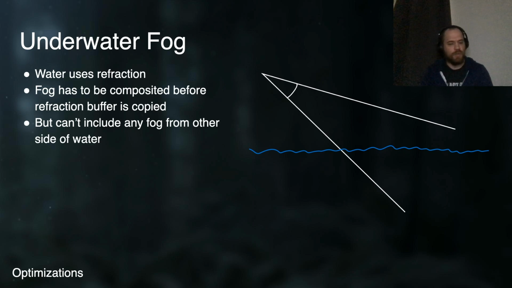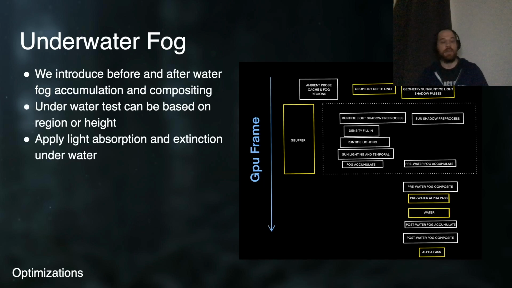Another thing we implemented was underwater fog, which was just an interesting thing we added. Because water uses refraction, we had to composite fog before water, but we would only composite the fog where every Froxel would know it's underwater, and we would only accumulate those Froxels, and then we composite that, then we capture the refraction buffer, then we accumulate Froxels that are above water, and then apply them after water.